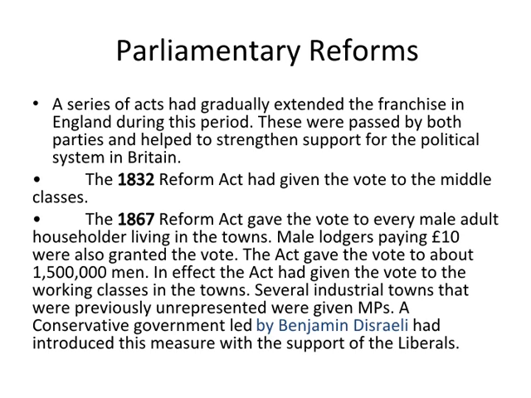Male lodgers paying £10 were also granted the vote. The Act gave the vote to about 1,500,000 men. In effect, the Act had given the vote to the working classes in the towns. Several industrial towns that were previously unrepresented were given MPs. A Conservative government led by Benjamin Disraeli had introduced this measure with the support of the Liberals.